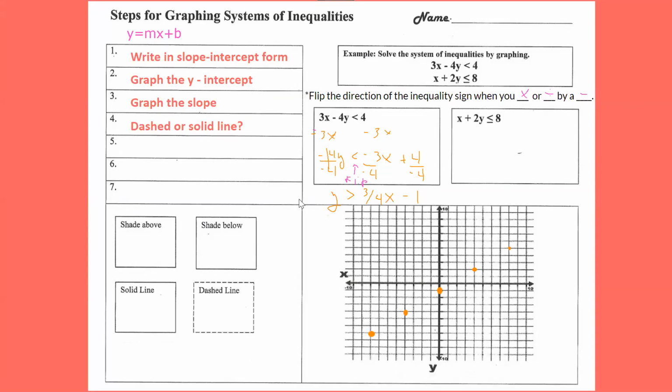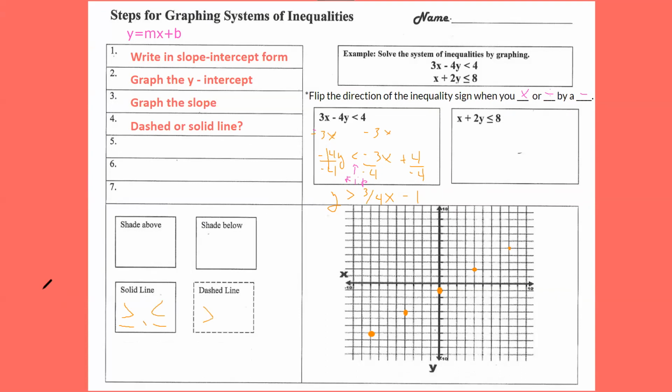Then we need to draw our line, but inequalities have something cool. We either have a dashed or a solid line. If you go down here where these little boxes are, we have a solid line if we have a greater than or equal to or a less than or equal to. If it has that or equal to, that means our line is included, which is a solid line.